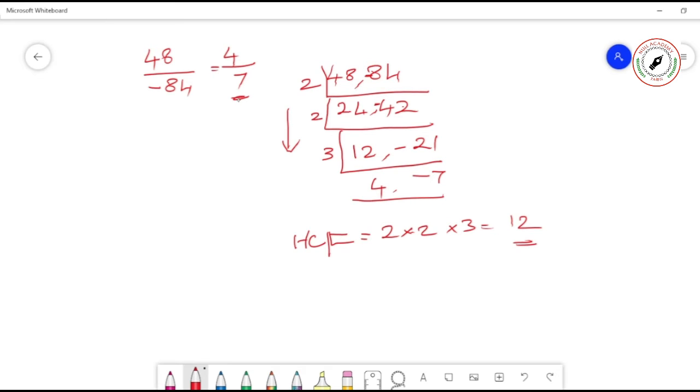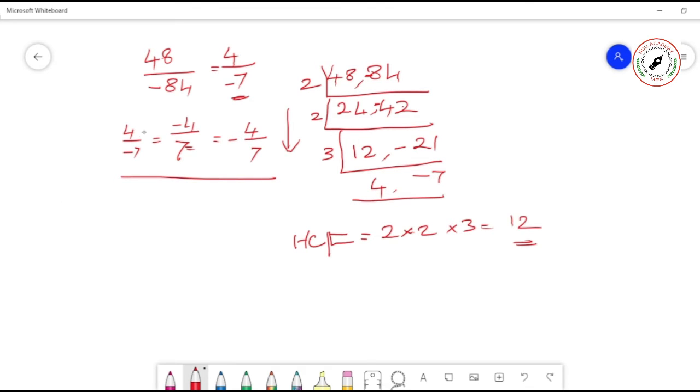That's all. Here you have to put minus 7. See, 4 by minus 7 is same as minus 4 by 7. Both, all are same.